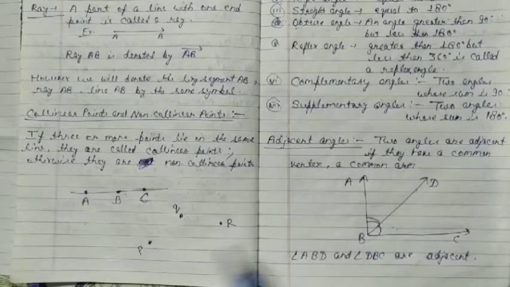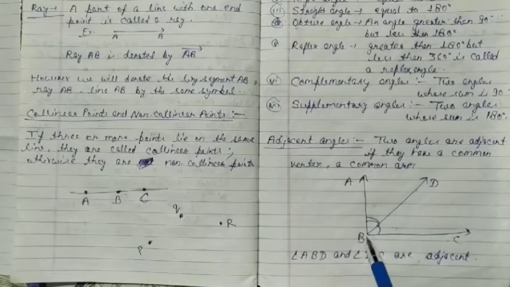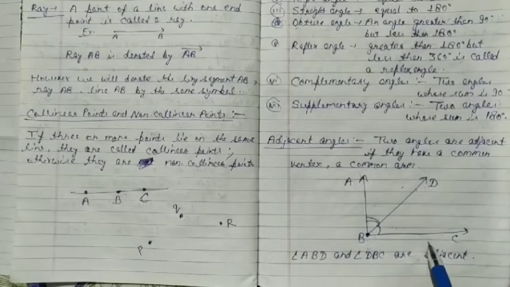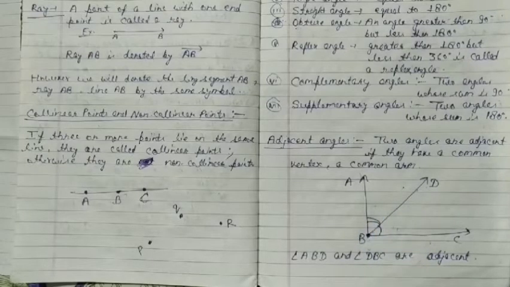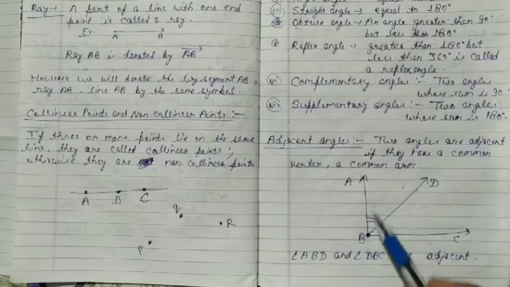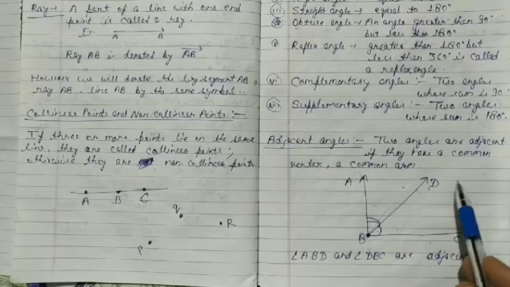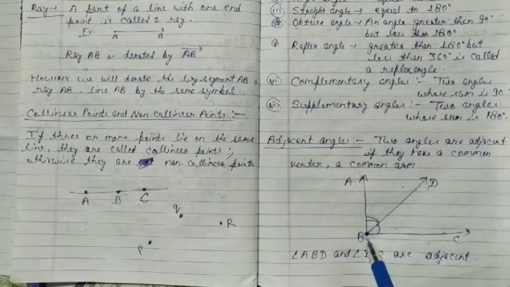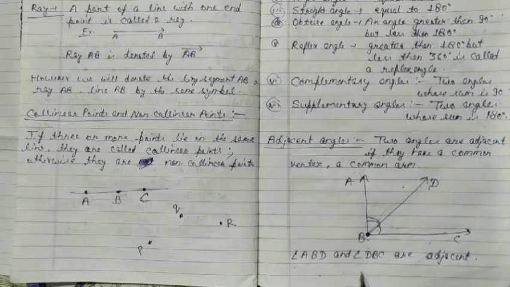Both angles are adjacent angles because they have a common vertex B. B is the common vertex of angle ABD and angle DBC, and both angles have a common arm BD. BD is the common arm and B is the common vertex. Angle ABD and angle DBC are adjacent.